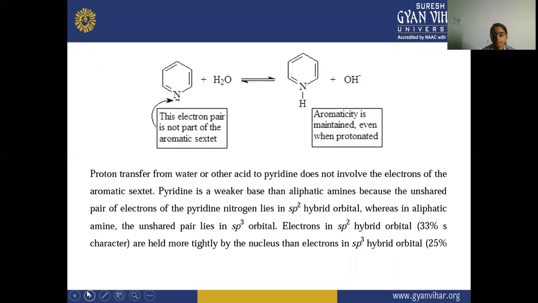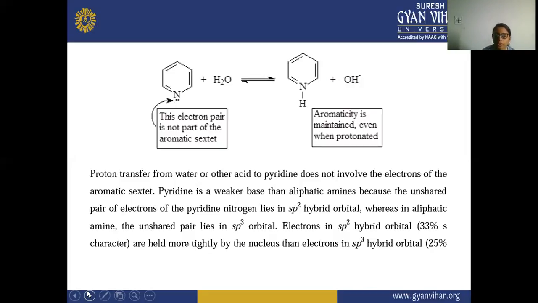When it reacts with a water molecule, a compound is formed and the aromaticity is maintained even when protonated. This means that even with the addition of a hydrogen on the nitrogen, the aromaticity of the ring is maintained.